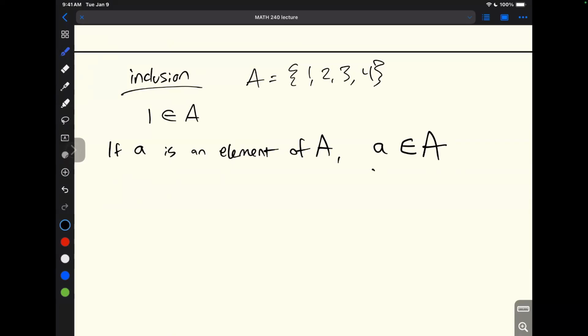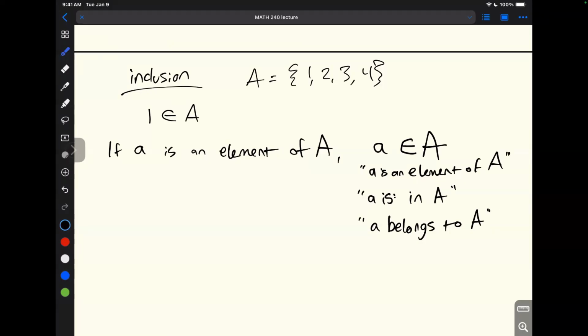This is read: a is an element of the set A, or a is in the set A, or a belongs to the set A, or the set A contains the element little a. All equivalent ways of saying the same thing, just trying to get our language standardized.